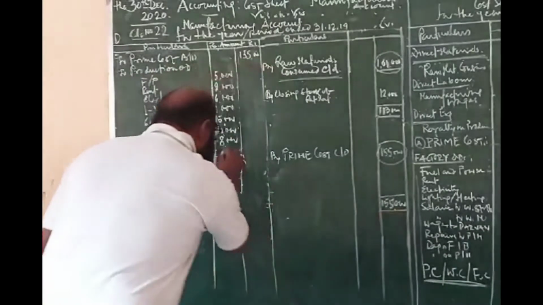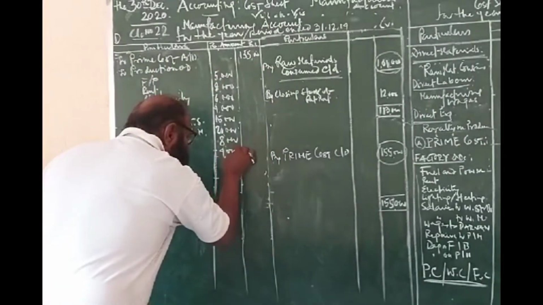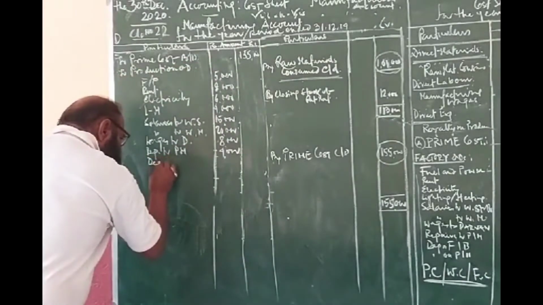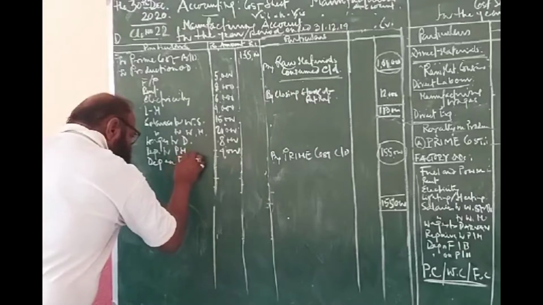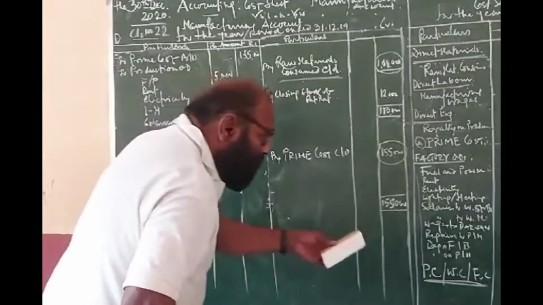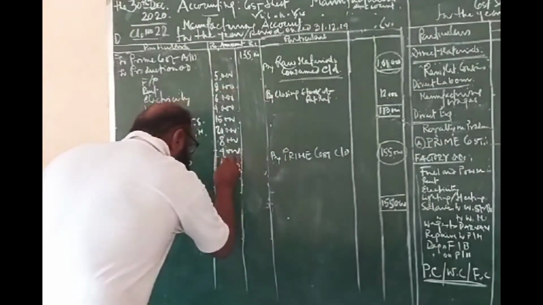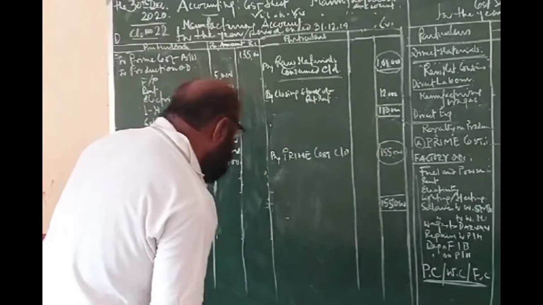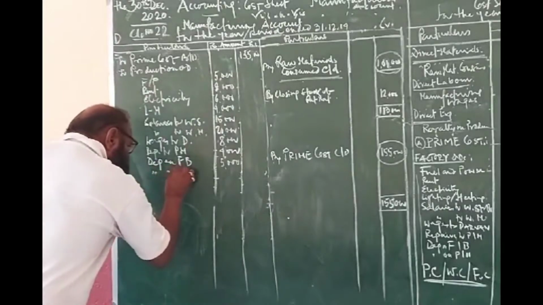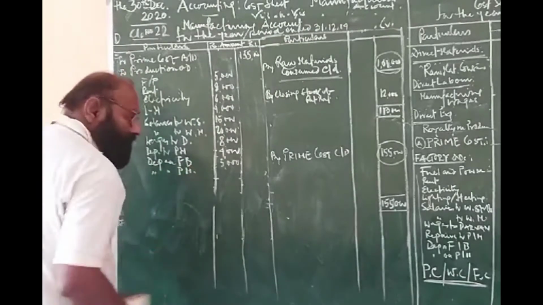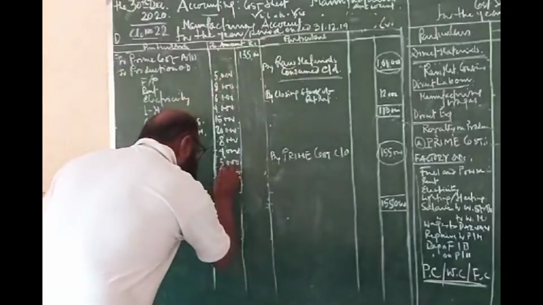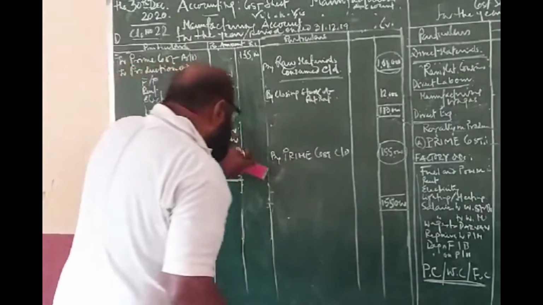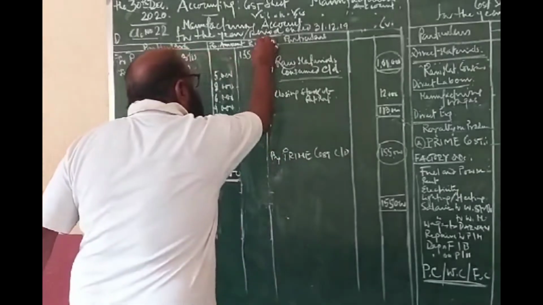Repairs to plant and machinery 4,000. Depreciation on factory building, that is 5,000. Depreciation on plant and machinery 6,000. So friends, this is the total of the production overhead.